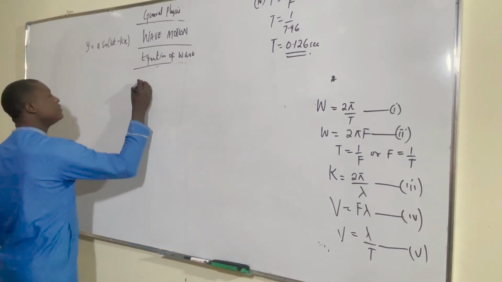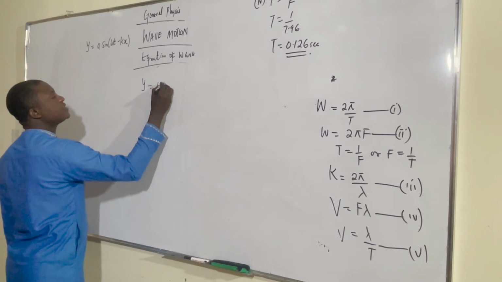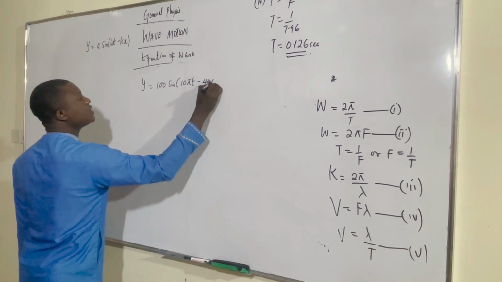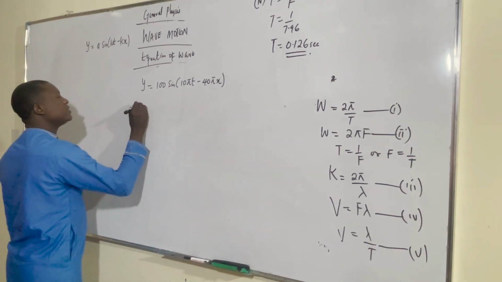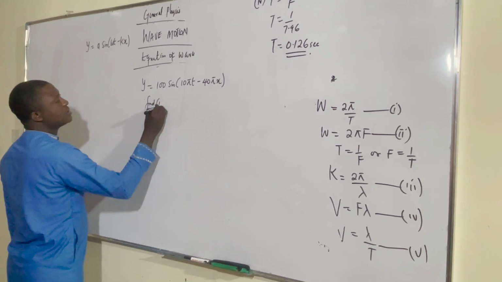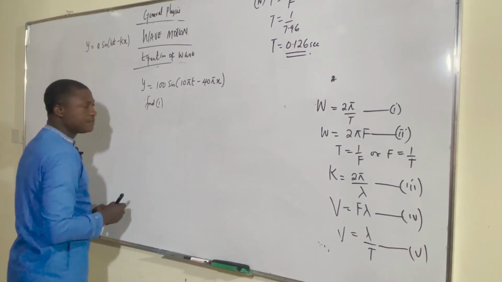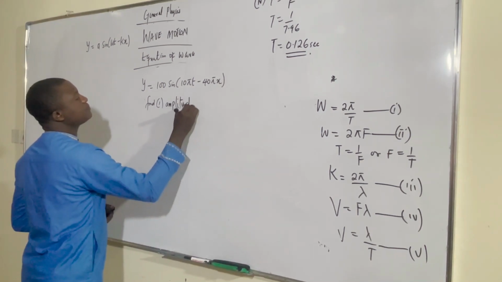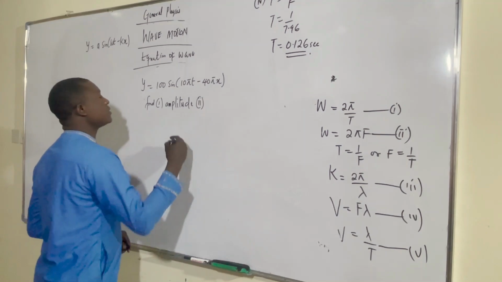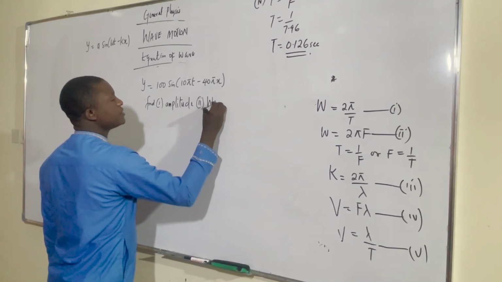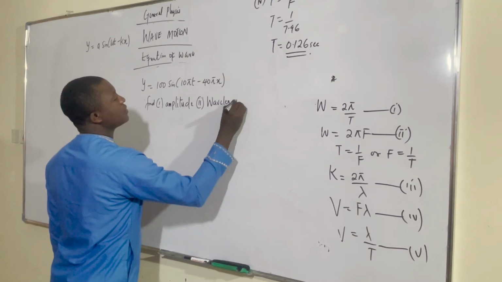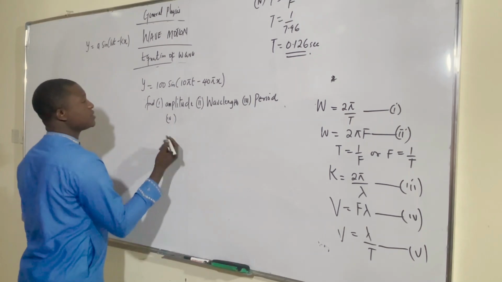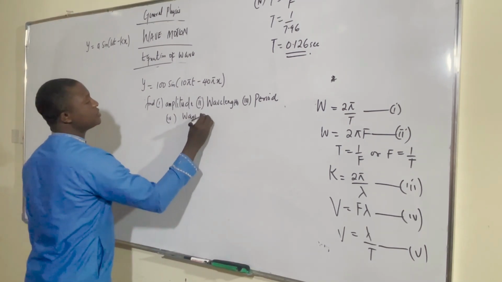So let's say we have y is equal to 100 sine (10 pi t minus 40 pi x). They said determine, that is find, maybe the same questions: amplitude, wavelength, period, and let's say wave speed.